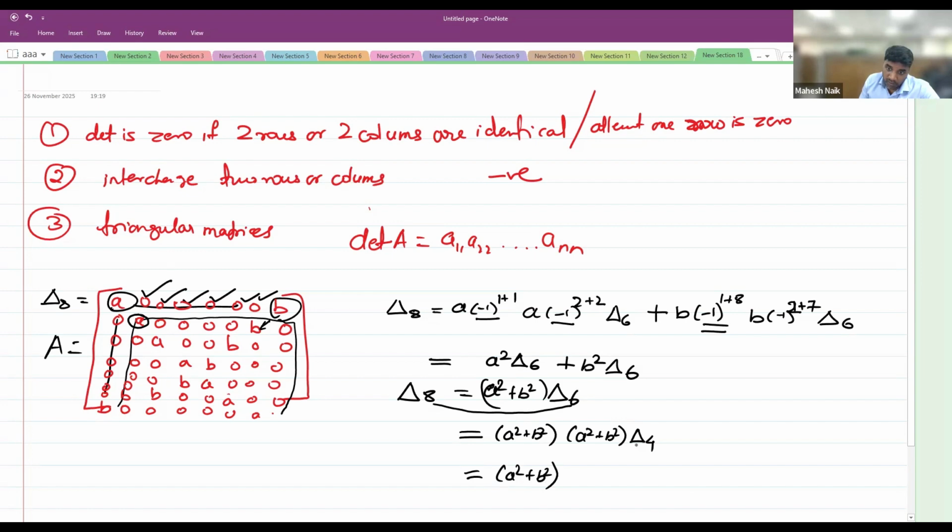So after this there'll be one more step, a square plus b square into delta 2, and then a square plus b square. So that raised to 4 is nothing but this particular determinant.